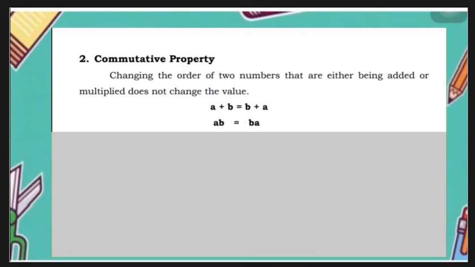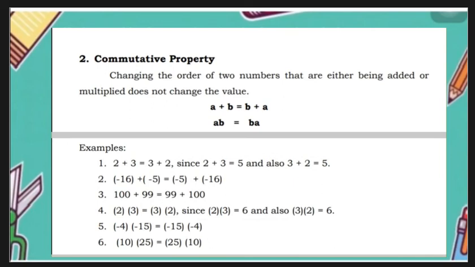Therefore, the number 312 is a real number. Okay? Next, the second property, we have the commutative property. Changing the order of two numbers that are either being added or multiplied does not change the value. A plus B is equal to B plus A. In multiplication, A times B is equal to B times A. Commutative property.